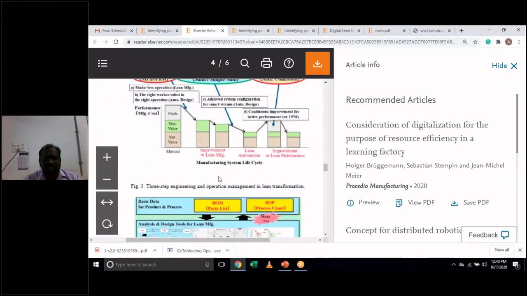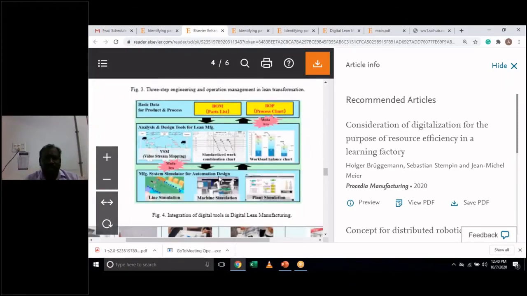So there is a bill of materials and parts we have to make, and the value stream mapping. Value stream mapping is important, along with the basic data and product process. These are where we can make the system systematic.